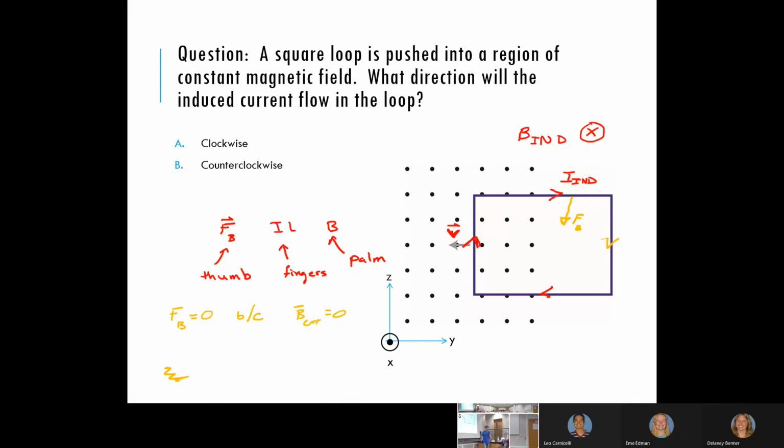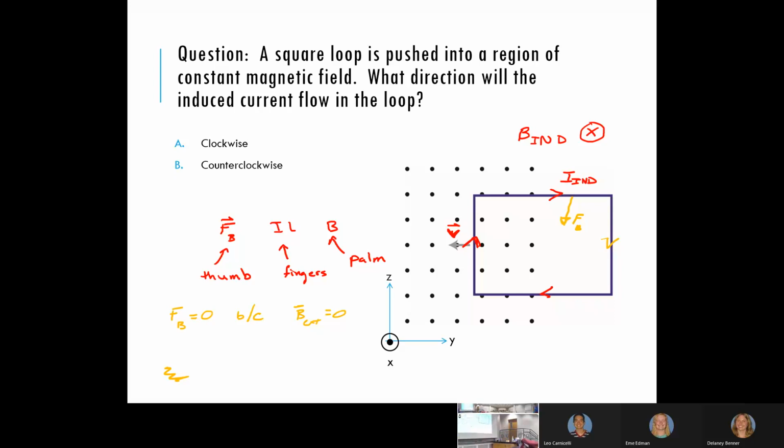How about the bottom wire, the bottom segment? Which direction is the force just on the bottom segment? It's up. We again run our fingers in the direction of the current, rotate our palm to be in the direction of the external magnetic field, and our thumb gives us the upwards direction.